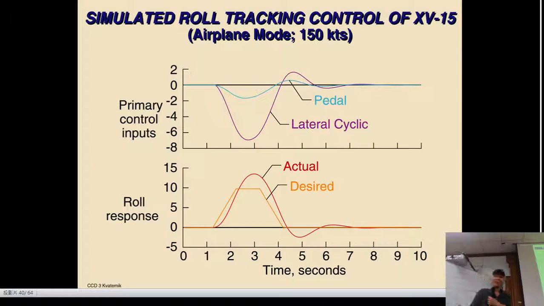But actually, you cannot do that because there is a discontinuity at this corner, that corner. That discontinuity means you cannot achieve it. So when you do a real maneuver, you can only get as close as you can to the desired one. What we call the desired one means you may not reach it, you may not achieve it. Desired doesn't mean you can always achieve it.